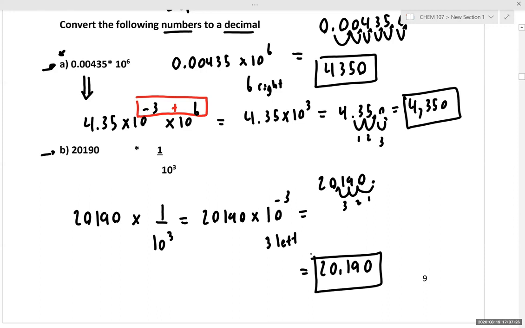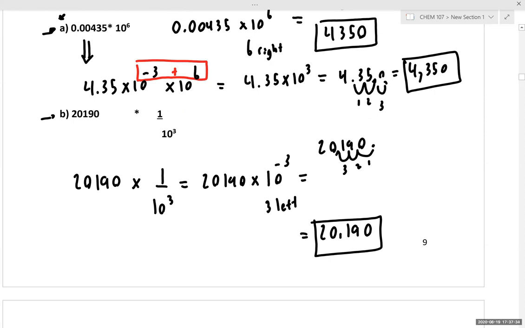So what about 20.19? Is that the correct answer? Yes, that's actually, and that's a great segue. If you're dealing with this number in the lab, you'd actually report your final answer as 20.19. The reason for that has to do with the fact that this 0 is what we call insignificant. It's not a significant figure the way this number is written.